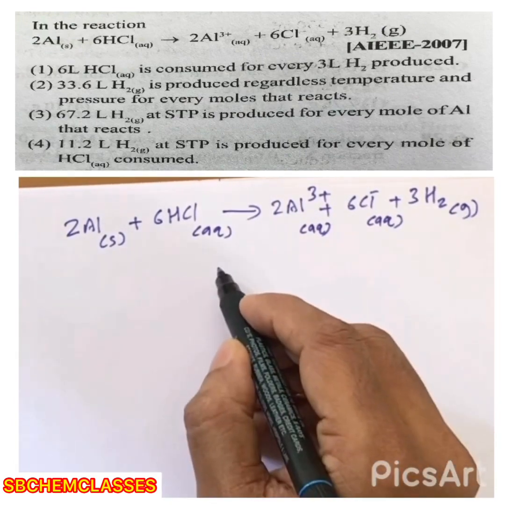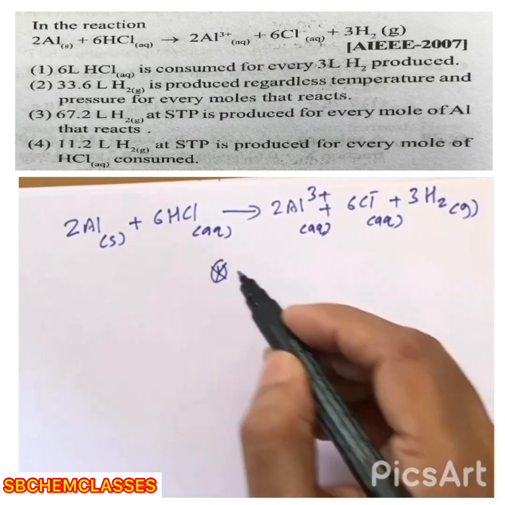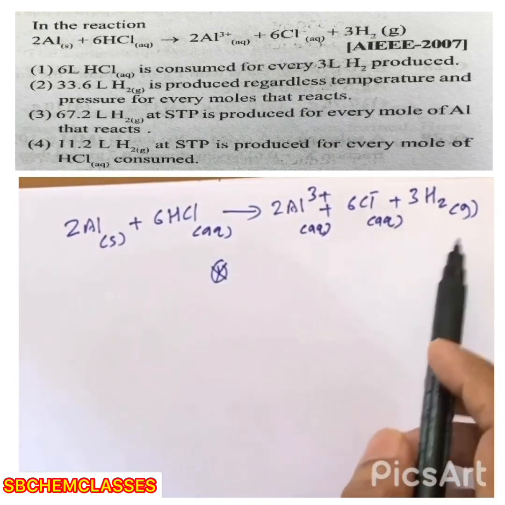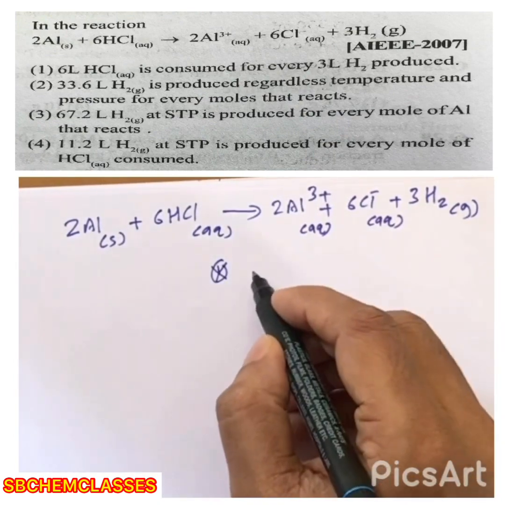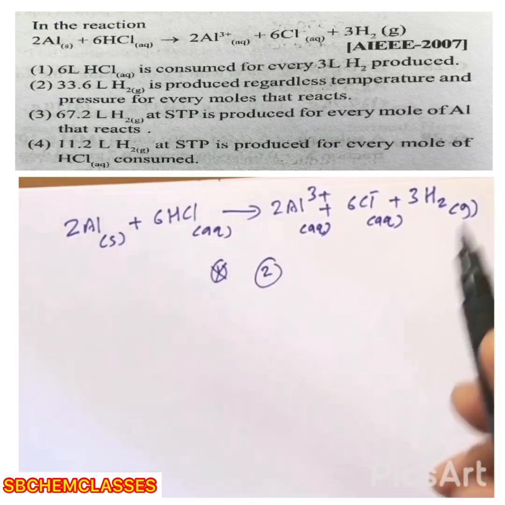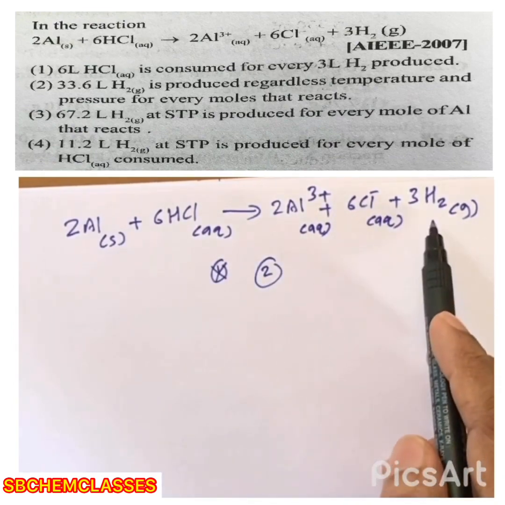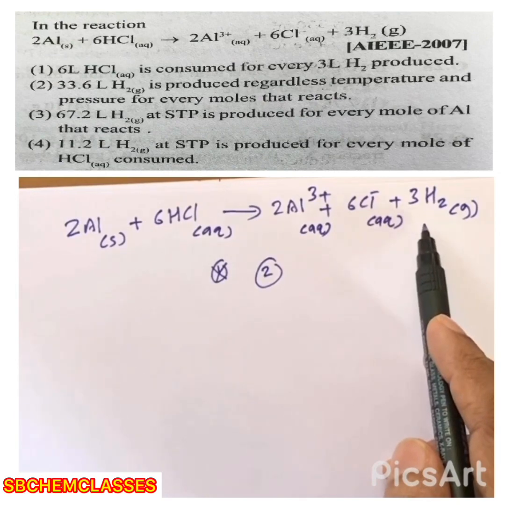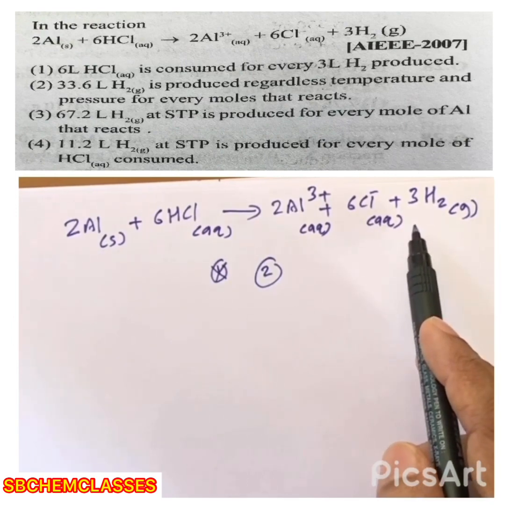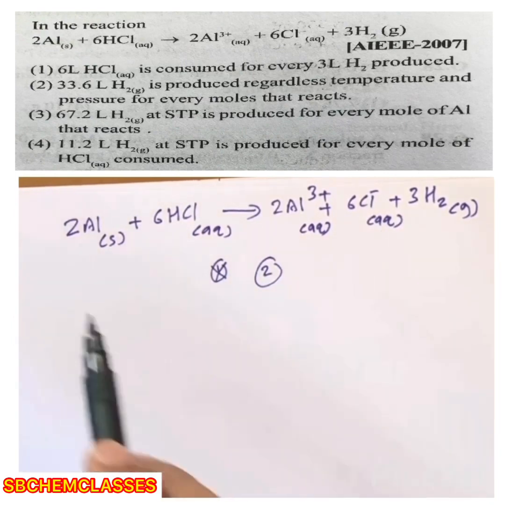So option 1 is not possible. What about option 2? 33.6 liter H2 gas is produced regardless of temperature and pressure for every mole of aluminium that reacts.